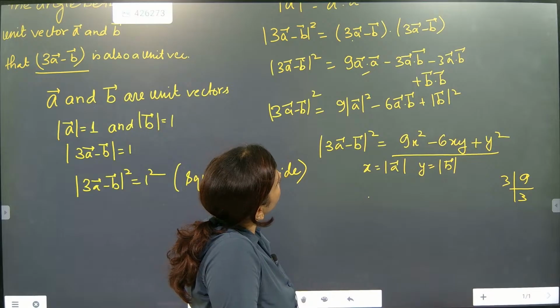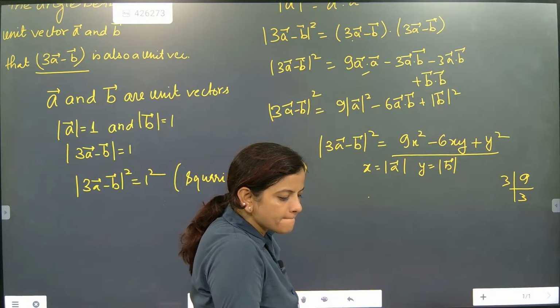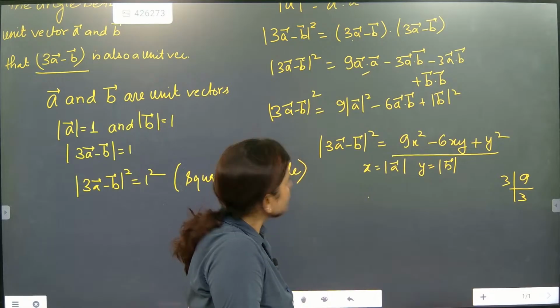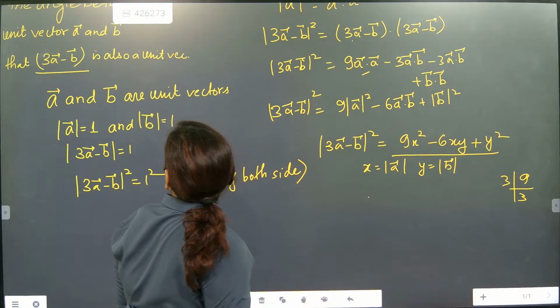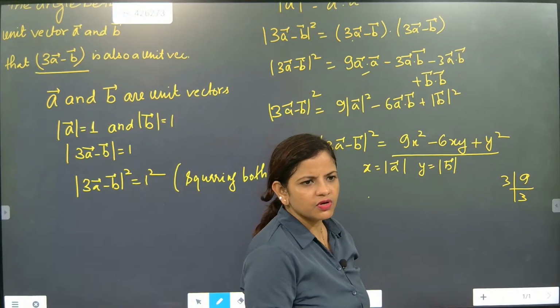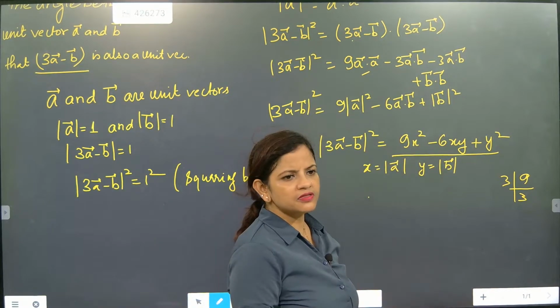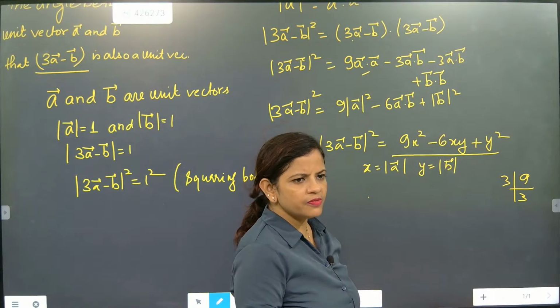Is there any problem anywhere, Rohit? Anything I did? Our answer is correct only, na? After that also the same answer is coming, cos inverse 3 by 2.